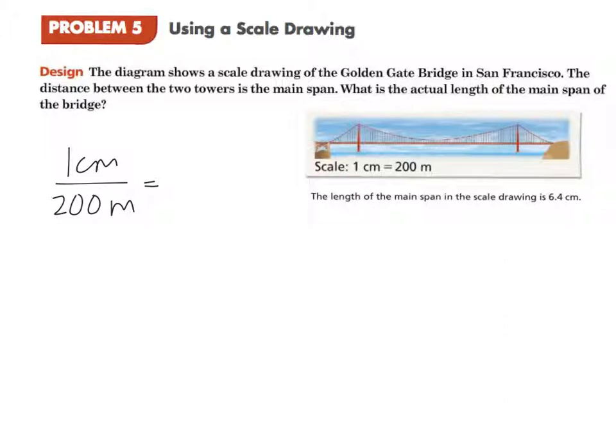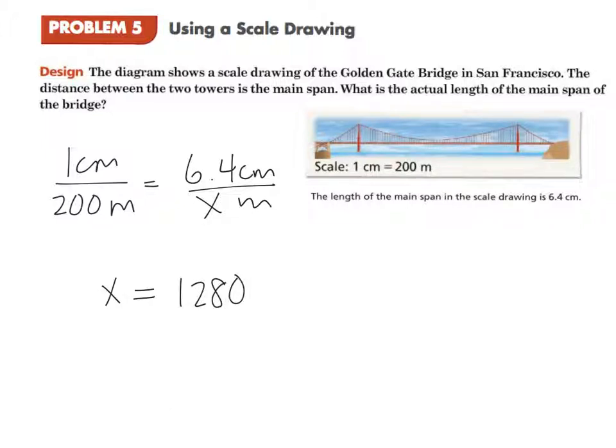I want to make sure that since I have centimeters as my top number, I want that to also correspond over here. So I'm going to do 6.4 centimeters, and I'm going to figure out how many meters that is. So that's x meters. And to solve this then, we're just going to cross multiply. So it's 1,280, and I know that my scale must be in meters because that's what I'm looking for here in this variable.